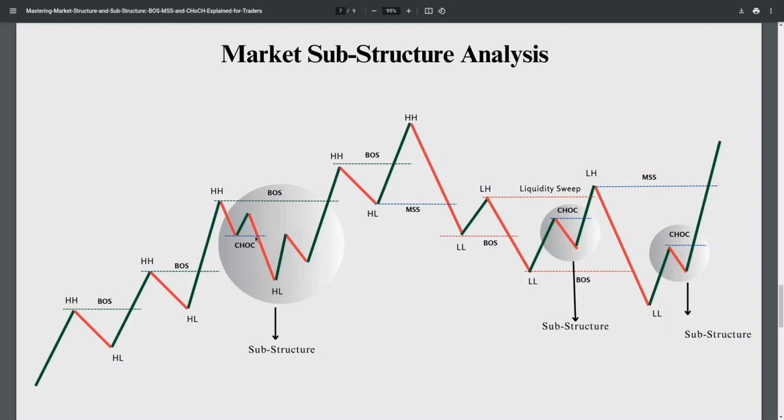But in this kind of scenario, you have to consider your risk, your exposure to risk and everything, till your price breaks this point, then moves to confirm a major shift. So all these things that happen here are substructure movements. So let's continue.